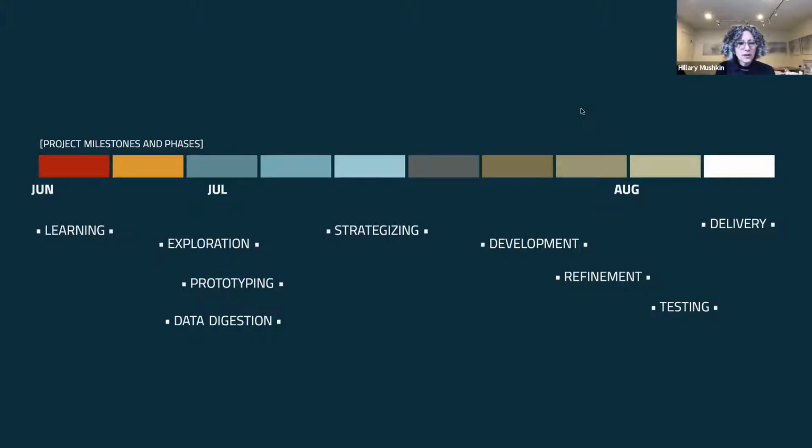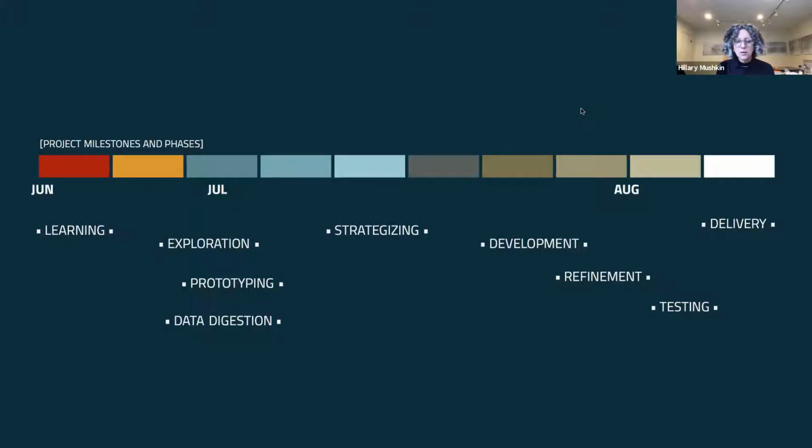Then, starting towards the beginning of July, the students get to the business of designing with exploration and prototyping and data digestion. This is an iterative process that happens over and over again, and it involves user-centered research, which Maggie is going to talk about in a minute.